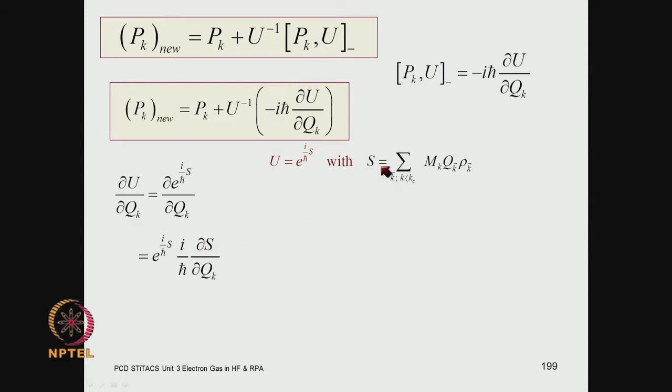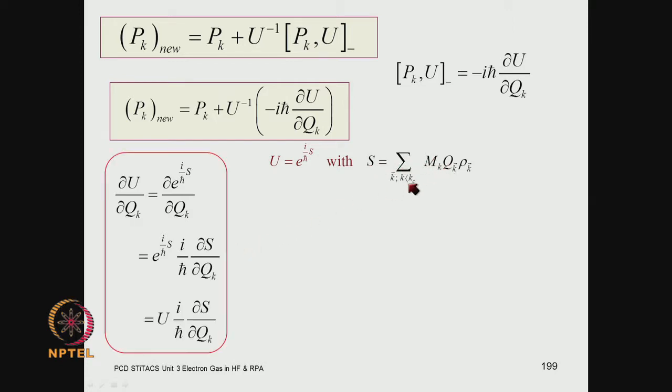But we know S explicitly in terms of Q_k, so the partial derivative of S with respect to Q_k you will get the corresponding term over here. And this is nothing but U, the unitary transformation itself, and you can determine this derivative.